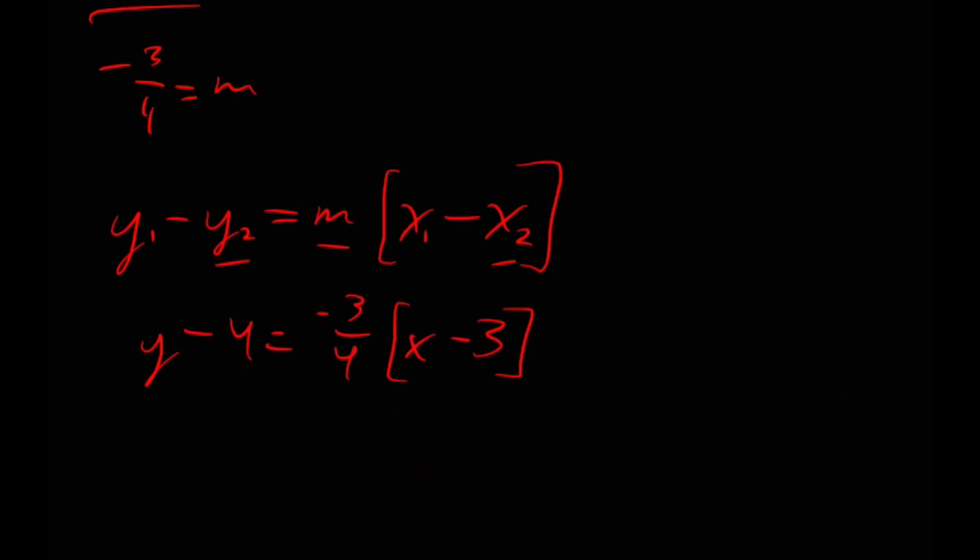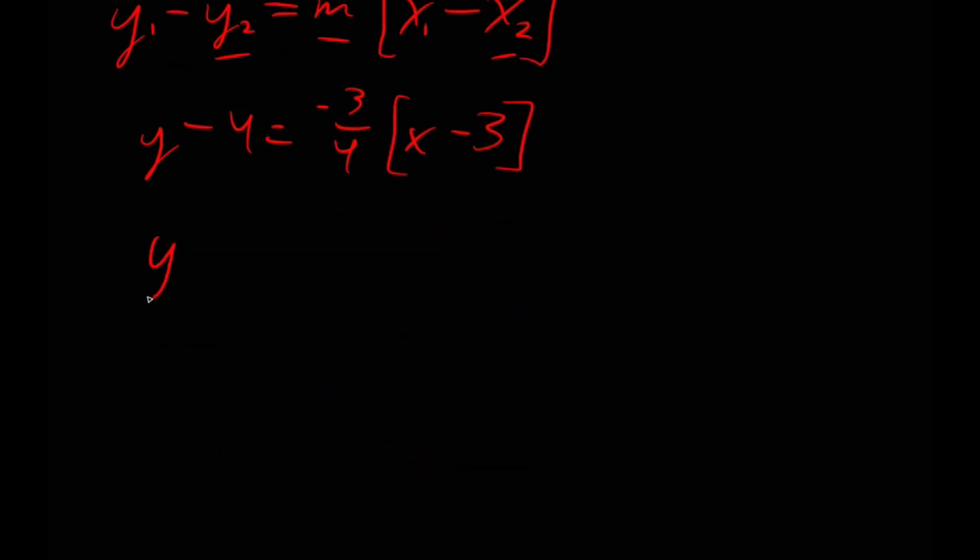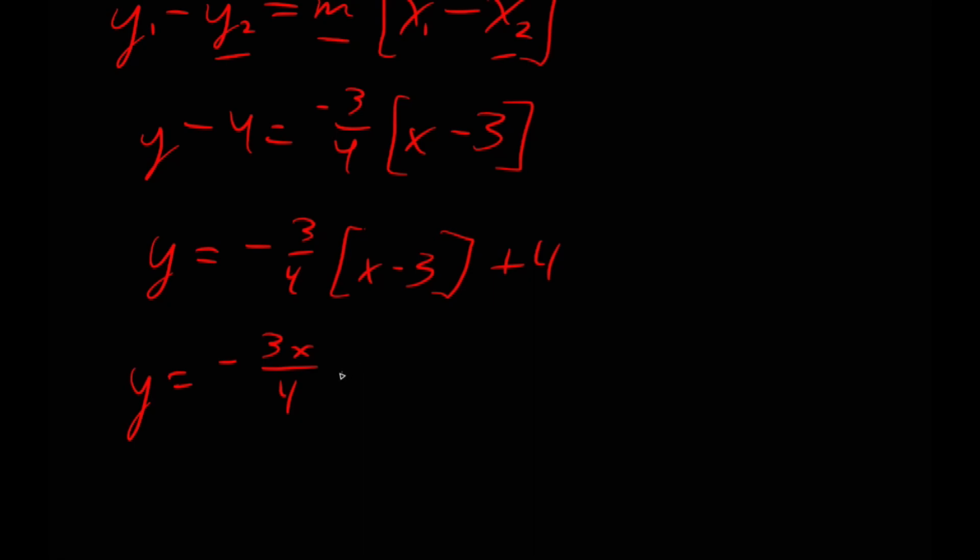Let's bring that down again. Add our 4 over, so y equals negative 3/4 x minus 3 plus 4. Now if we distribute our negative 3/4, we get y equals negative 3x over 4, not minus 3 over 4, minus 9 over 4, plus 4.